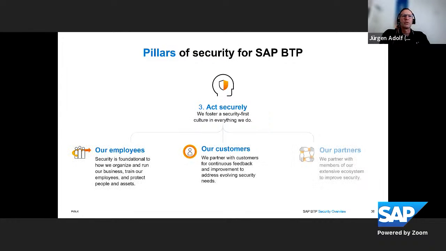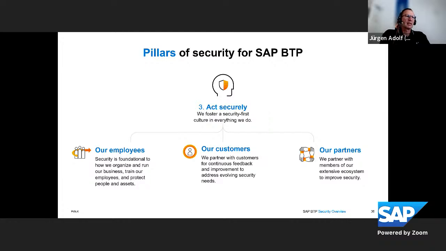So let's come to the third and last pillar of the security for BTP, which is to act securely. We foster a security-first culture in everything we do. That means all SAP employees, also all our developers, are trained.